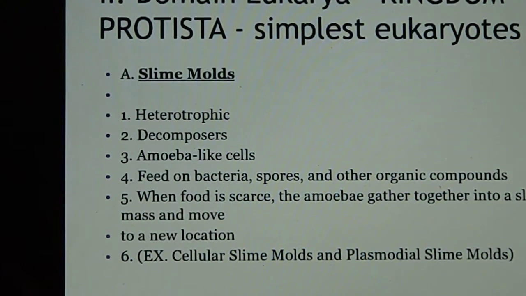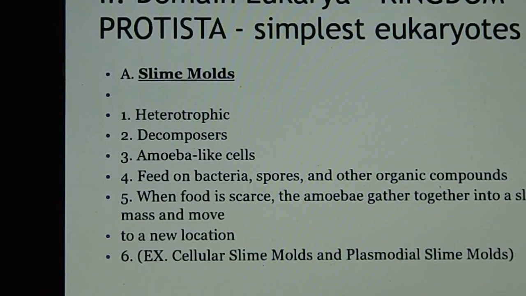Protistans are unicellular for the most part, meaning they have one cell. They can be decomposers, consumers, or producers. And depending on what type of feeding they do will determine what group of protists they would be classified in.